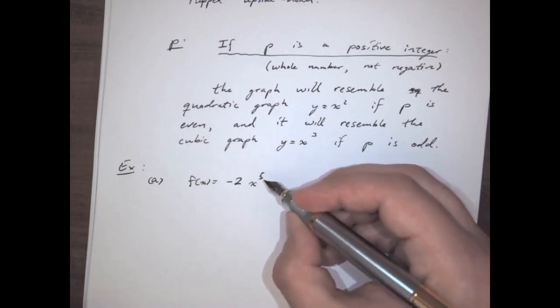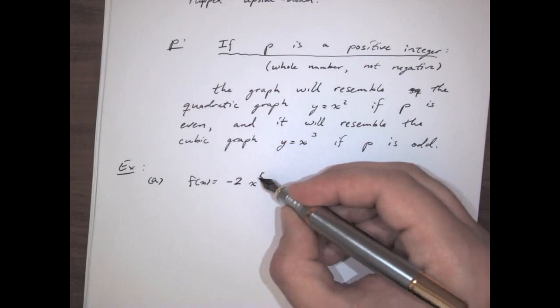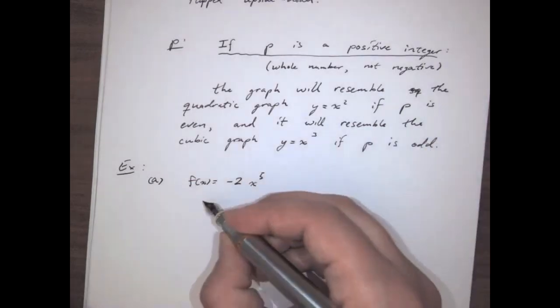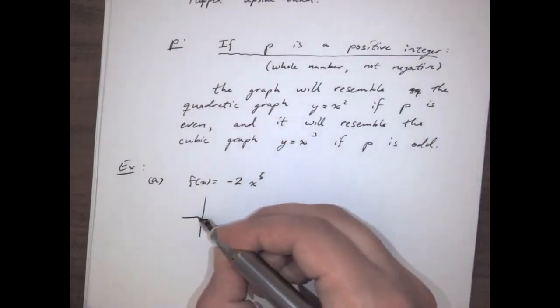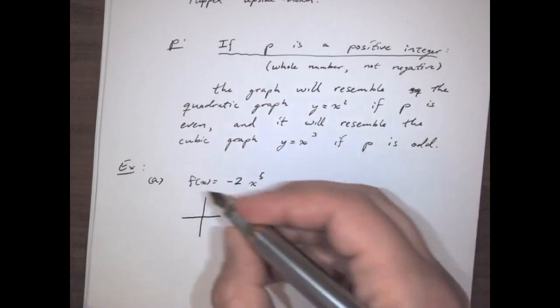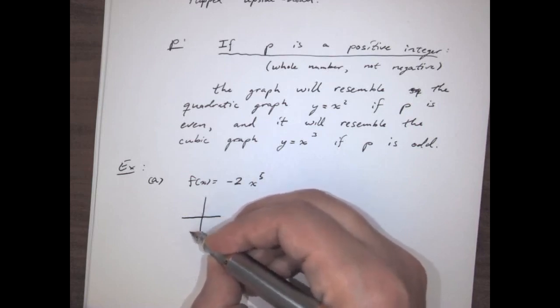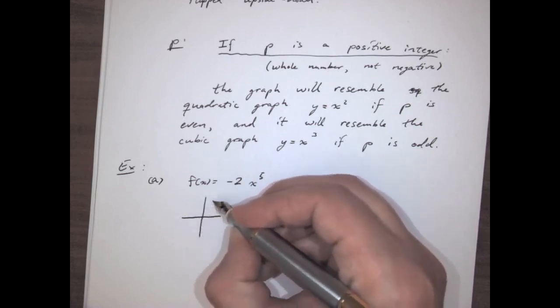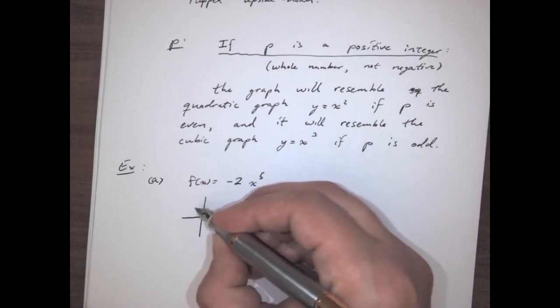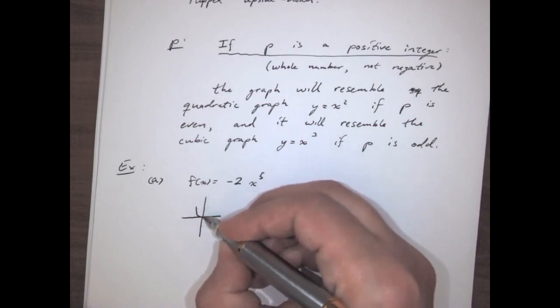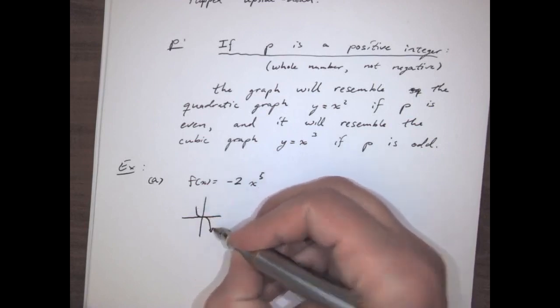And so what we have is an odd power with a negative coefficient. So it will resemble, generally speaking, the cubic. However, because of the negative in the coefficient, it's going to be upside down. So ordinary cubic is negative on the left, positive on the right. This will be the opposite of that.